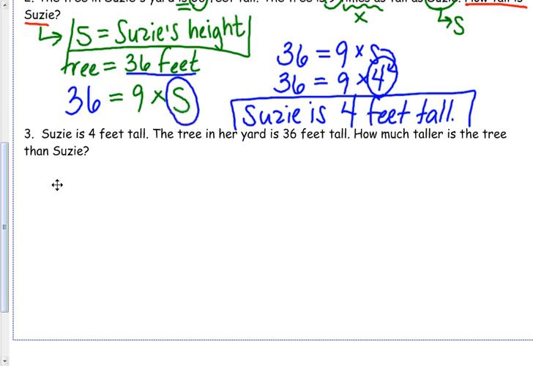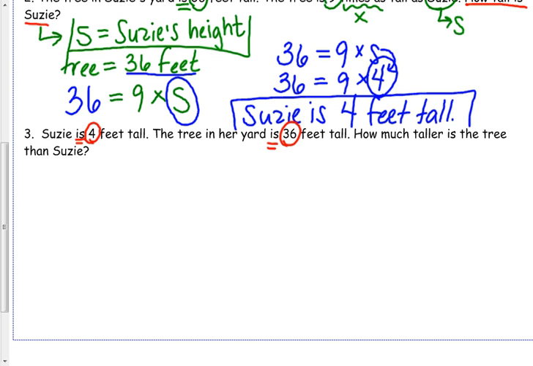So let's try number 3 and see if it's any different. Susie is 4 feet tall. The tree in her yard is 36 feet tall. How much taller is the tree than Susie? So let's start again with the important information. We need 4, 36, is tells us equal, is tells us equal.